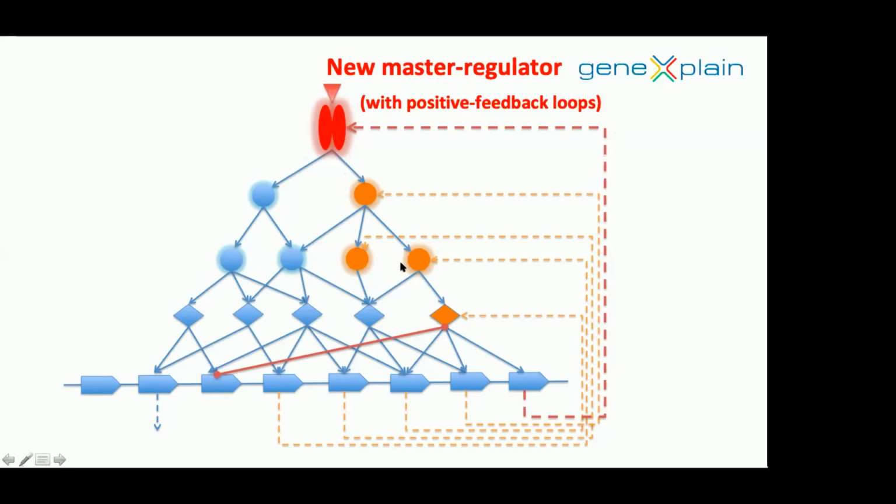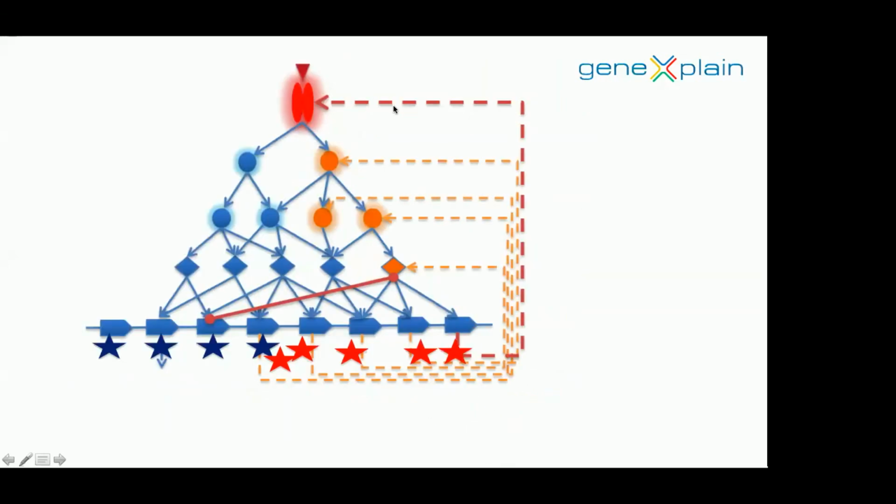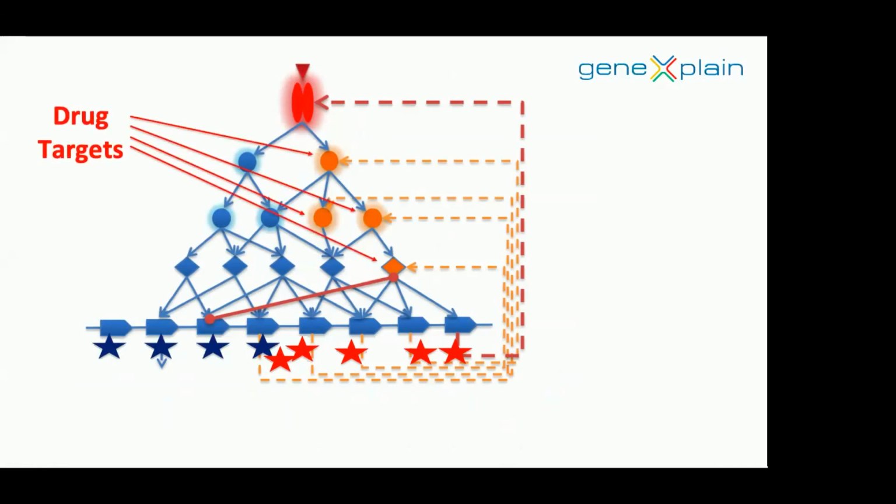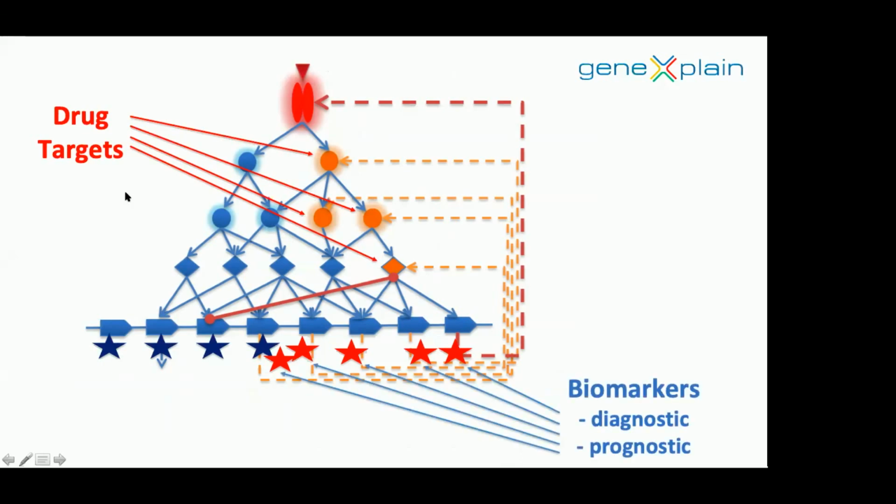And when the system has a lot of those positive feedback loops, it goes into a circle and basically goes into the disease mode. So that's why our algorithm, while searching for these master regulators, also checks whether these feedback loops are present. And once we find this, those top master regulators which are involved in these feedback loops can be considered as the best drug targets, and the respective genes are the best prognostic biomarkers.